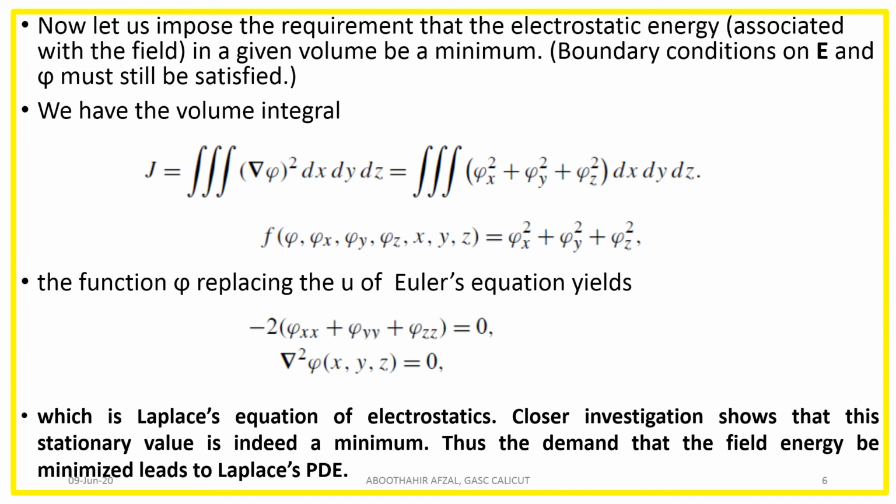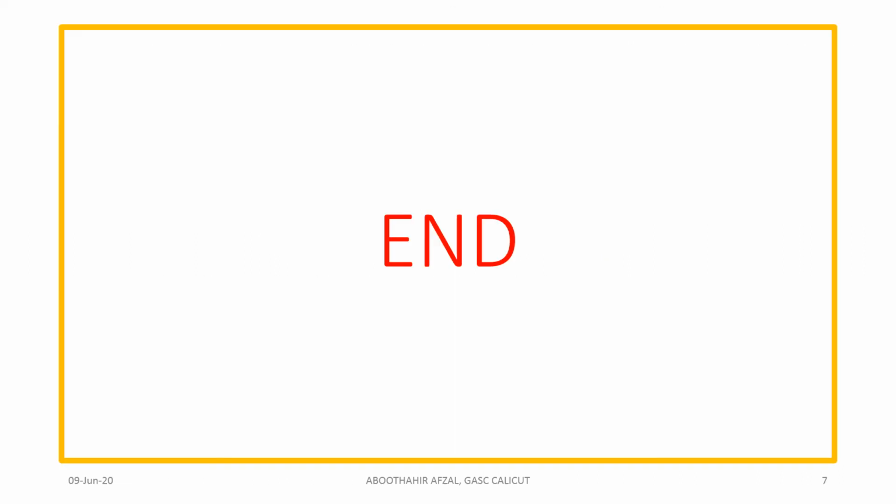That again becomes del squared phi of x, y, z equal to 0. That is nothing but the Laplace equation in electrostatics. Therefore, the stationary value is indeed a minimum, and requiring the field energy to be minimum leads to the Laplace differential equation. Thus we have derived the Laplace equation starting from the variational concepts.